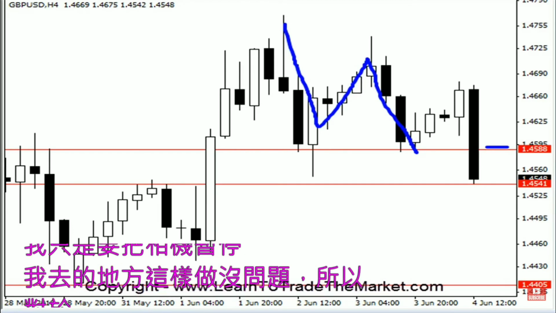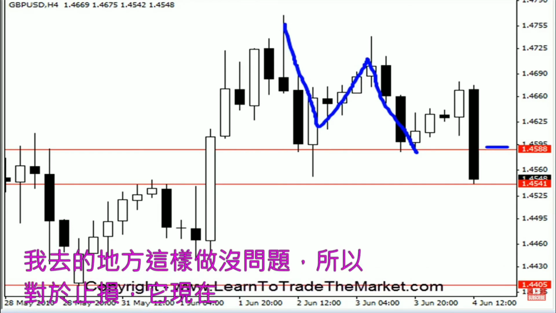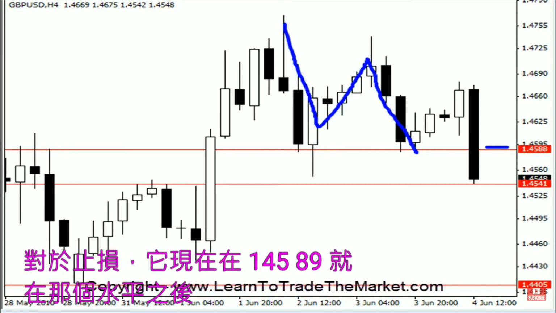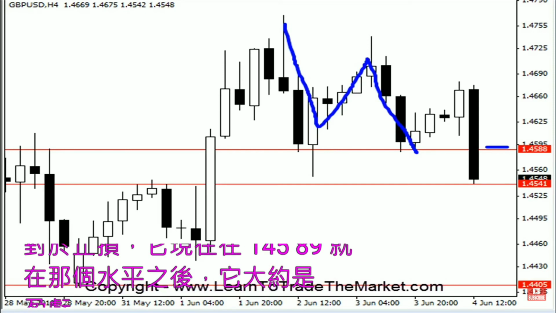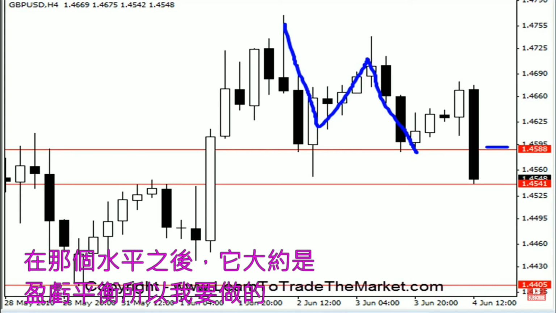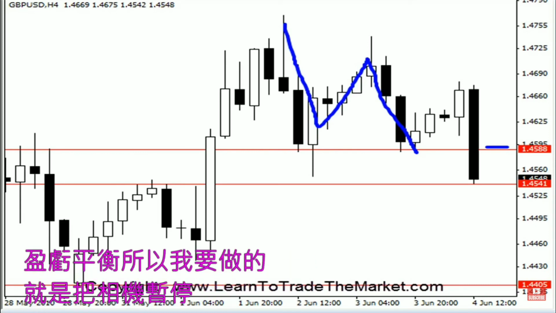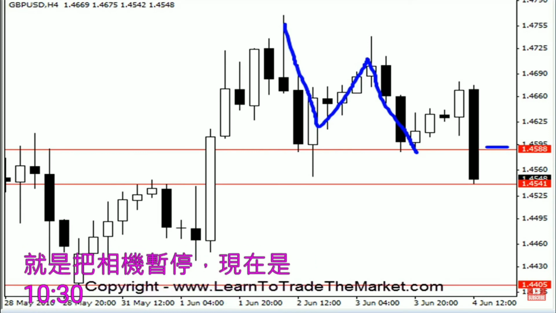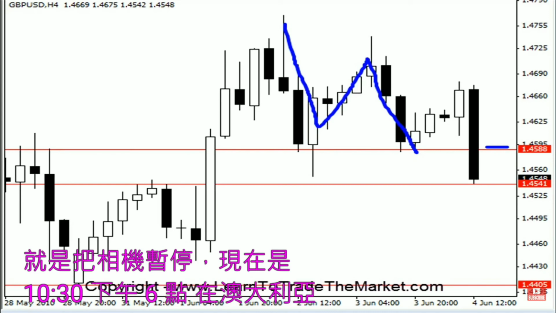Okay, so I've adjusted the stop loss. It's now at 145.89, just behind that level. It's approximately break even. So what I might do here is put the camera on pause. It's now 10:36 p.m. in Queensland, Australia.